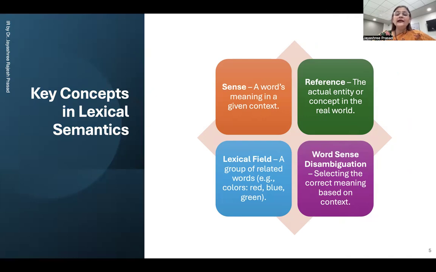And then lexical field, which is simply a group of related words like red, blue, green in the color field. And finally, word sense disambiguation is choosing the right meaning of a word depending on how it is used.